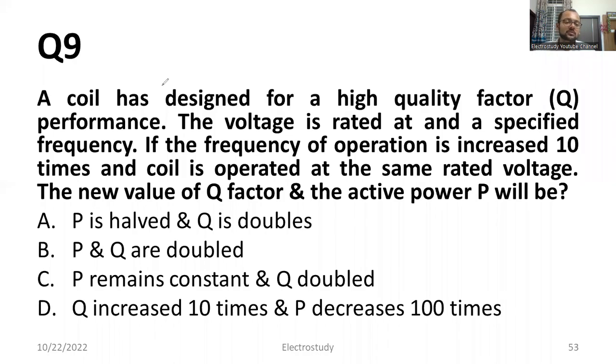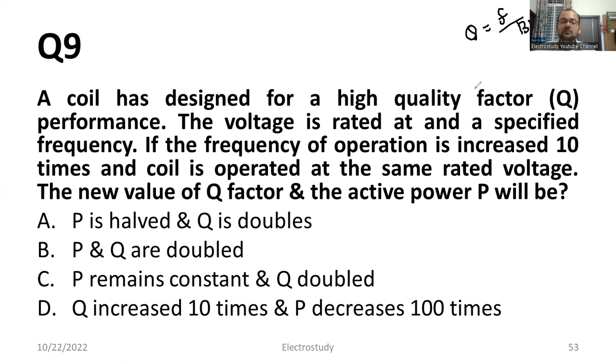I'm going to discuss another question. A coil is designed for high quality factor performance. The voltage is rated at a specified frequency. If the frequency of operation is increased 10 times and the coil is operated at the same rated voltage, what will be the new value of Q factor and the active power P? You already know that quality factor is equal to the frequency divided by bandwidth.